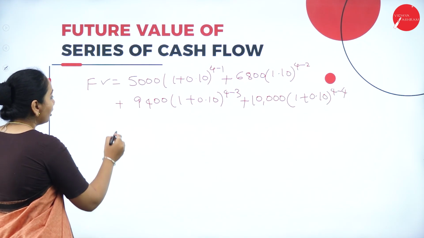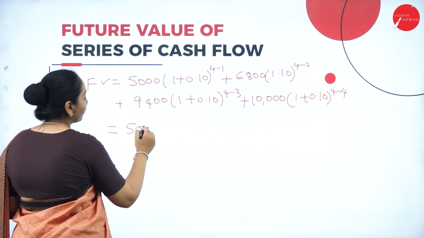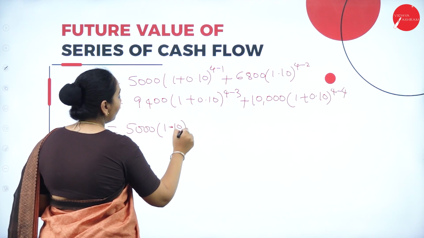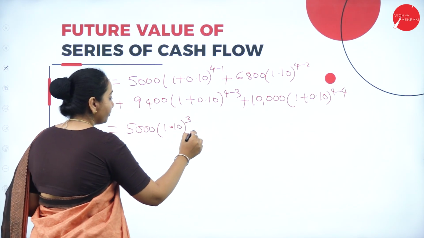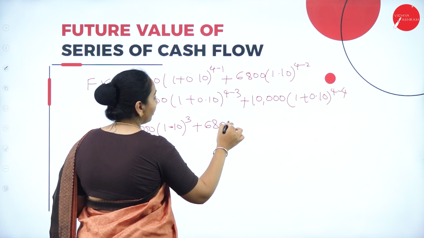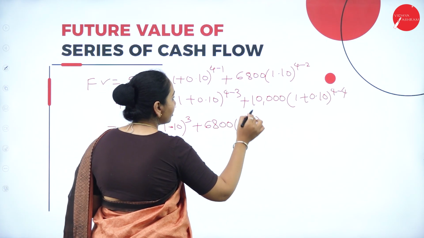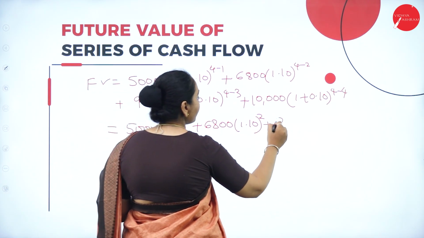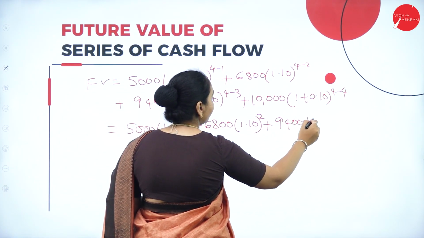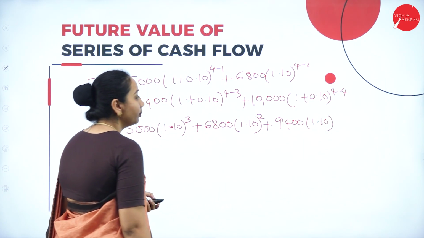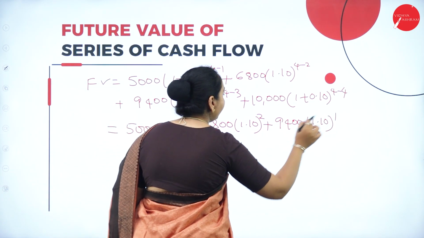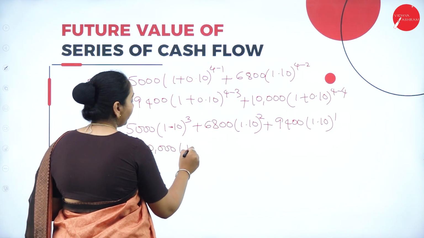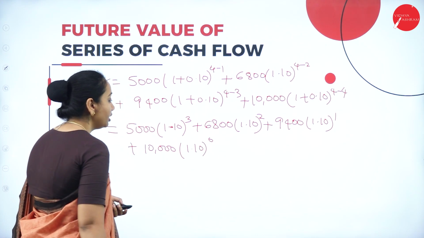So next we'll calculate: 5,000 into 1.10 to the power of 4 minus 1 is 3, plus 6,800 into 1.10 to the power of 4 minus 2 is 2, plus 9,400 into 1.10 to the power of 4 minus 3 is 1, plus 10,000 into 1.10 to the power of 0.